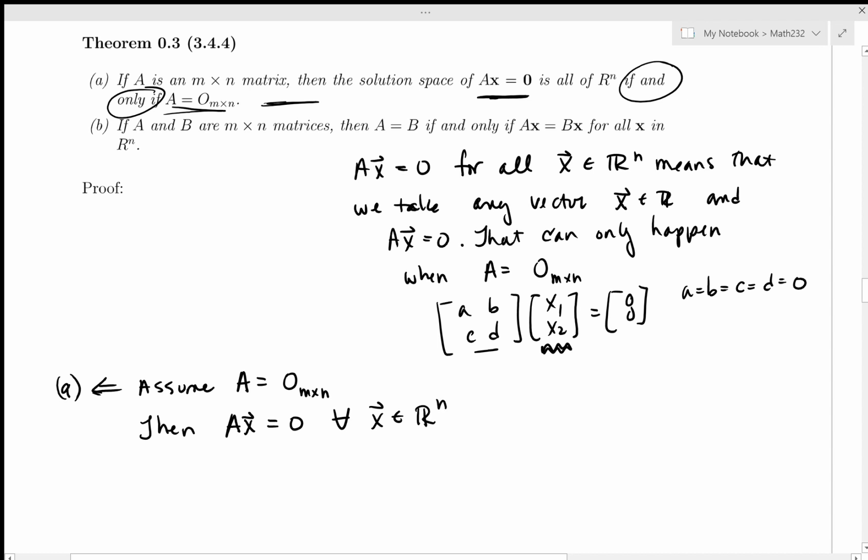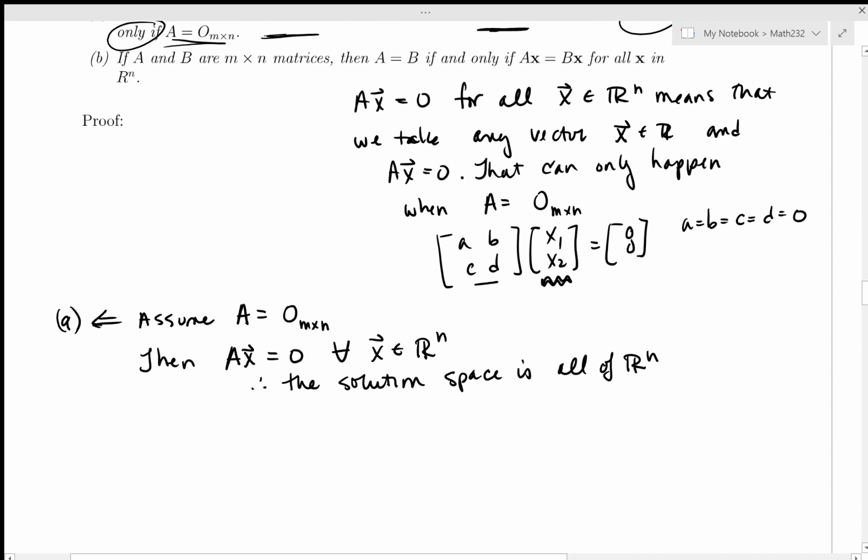A is 0, so no matter what X I give, I get 0. Therefore, all values of X work. Therefore, the solution space is all of Rn. Okay, that's in one direction.